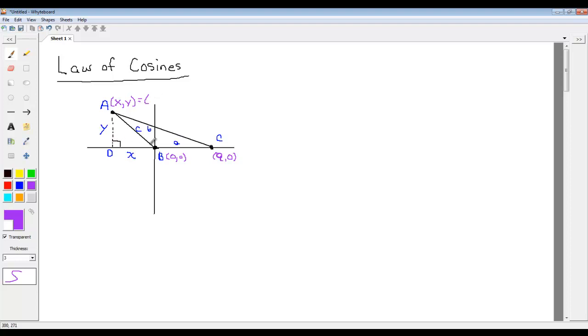Because if we look at angle B, whether angle B is obtuse or acute, it's not going to matter. We can say, well, the sine of B, we can look at this right triangle here, or if it was an acute angle, we could look over here at a right triangle. But the sine of B can be said to be opposite over hypotenuse, so y over c. Then we can solve for y and say, well, y equals c times sine B.